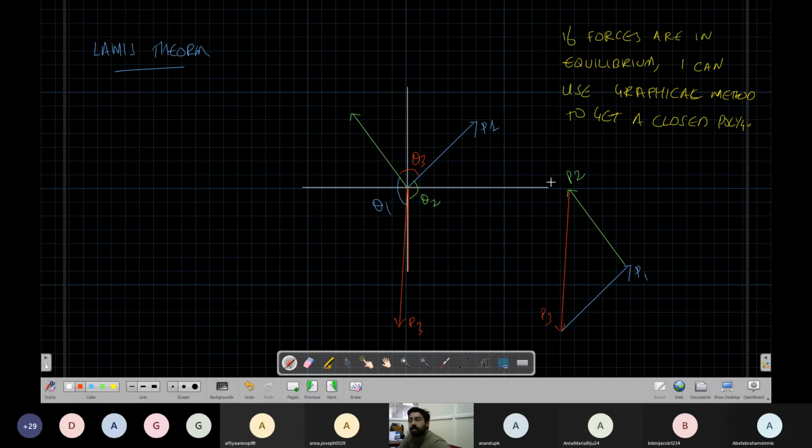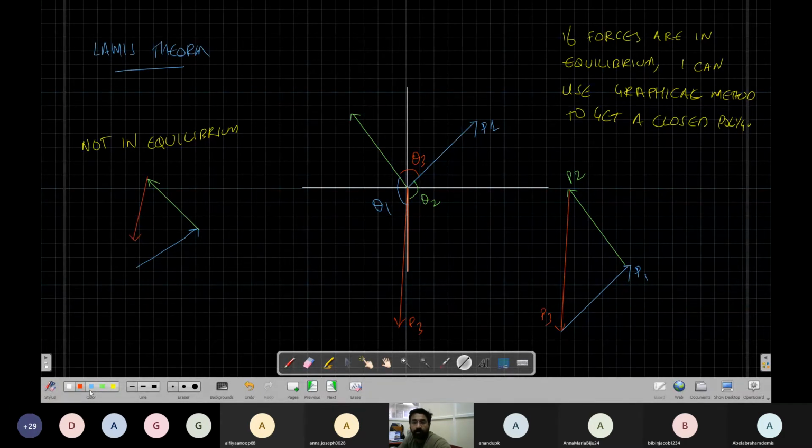If it is in equilibrium, it will close like this. If it is not in equilibrium, what will happen? Your blue is like this, green is like this, and your red may be something like this.